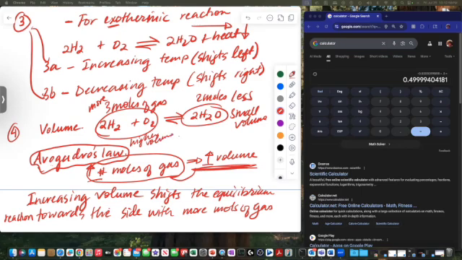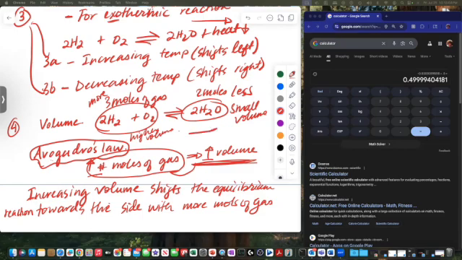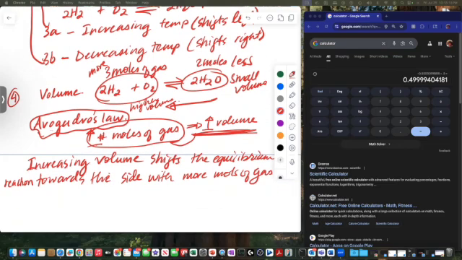So for our equilibrium here, if we increase the volume, we're going to shift the reaction to the left because the left side tends to have more moles of gas. Does that make sense? So increasing volume shifts the equilibrium towards the side that has more moles of gas. In our case, that's going to be to the left.